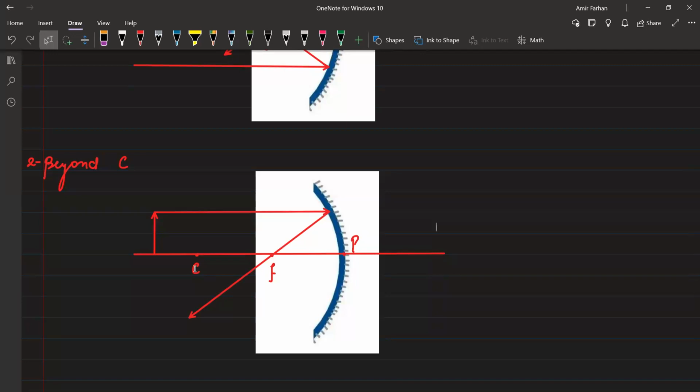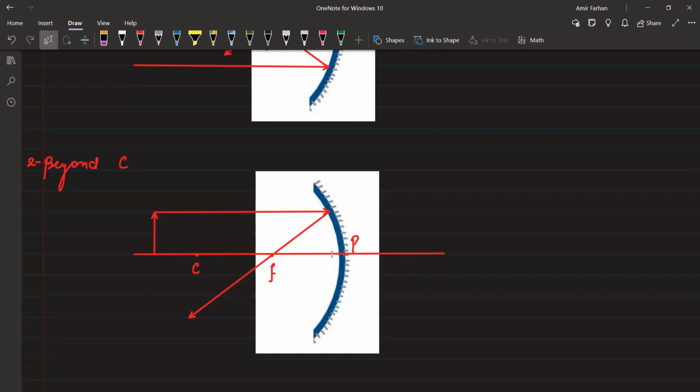Yes or no, everybody? Okay. And another option is that the ray will go and strike the pole, and it will reflect back with the same angle. So either you pass through the center of curvature or through the pole. Both the ray diagrams will be correct.